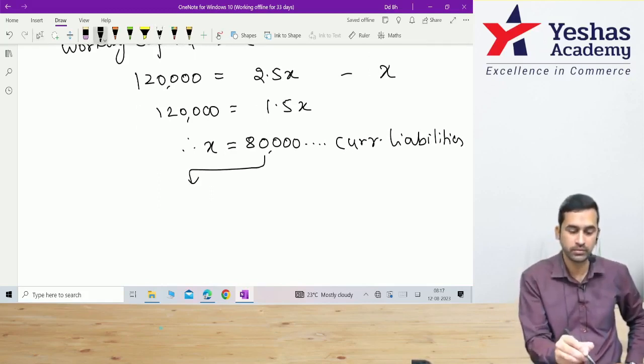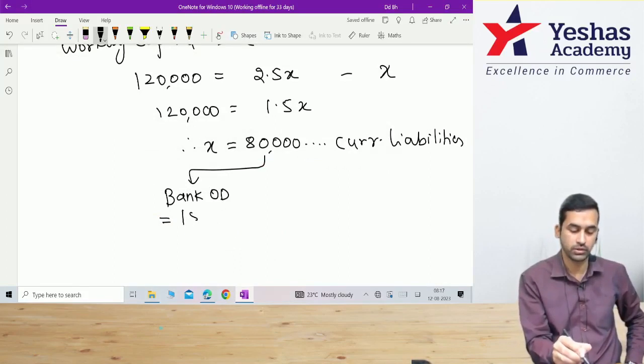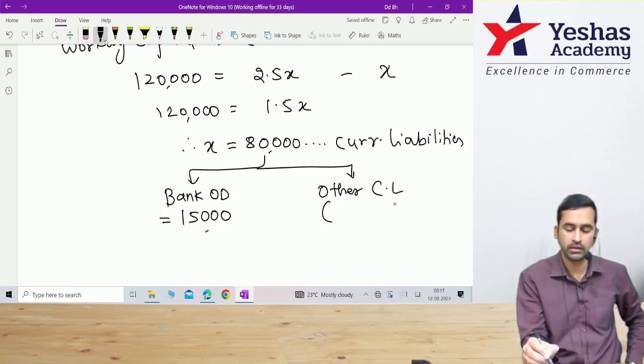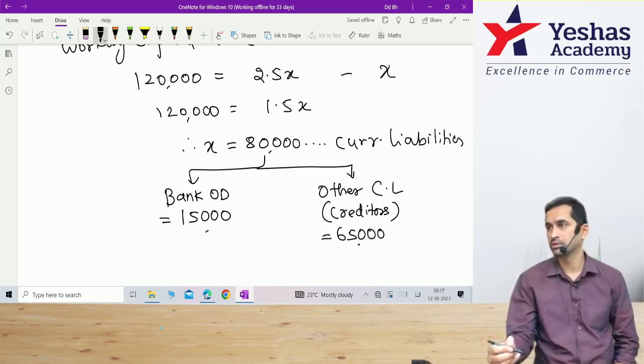So 2 arrow marks, bank overdraft. This was 15,000. Therefore, this will be other current liability, or you can even write it as creditors, 65,000.